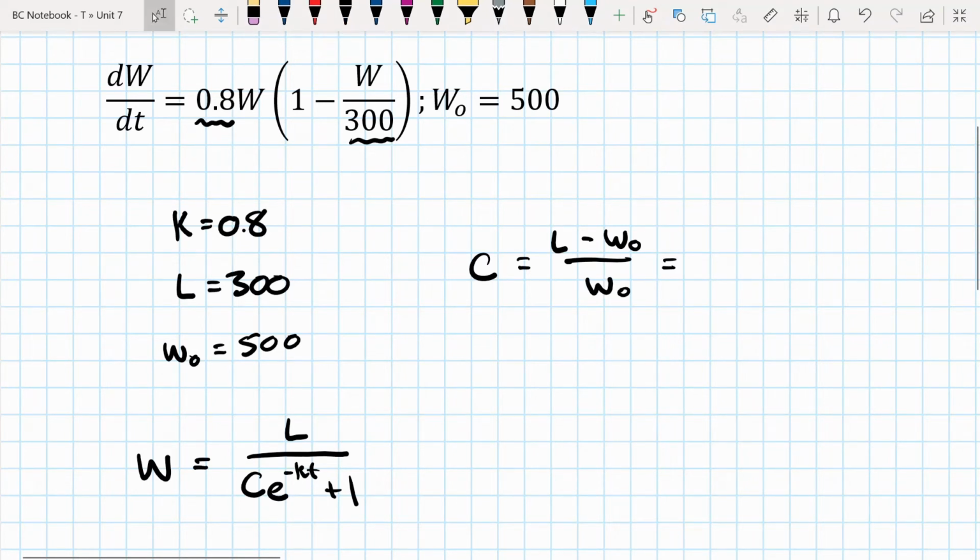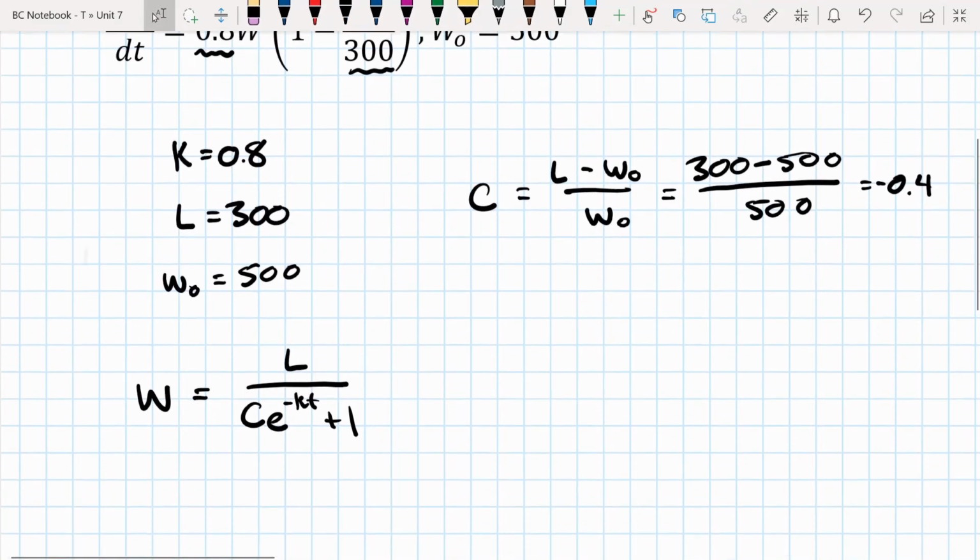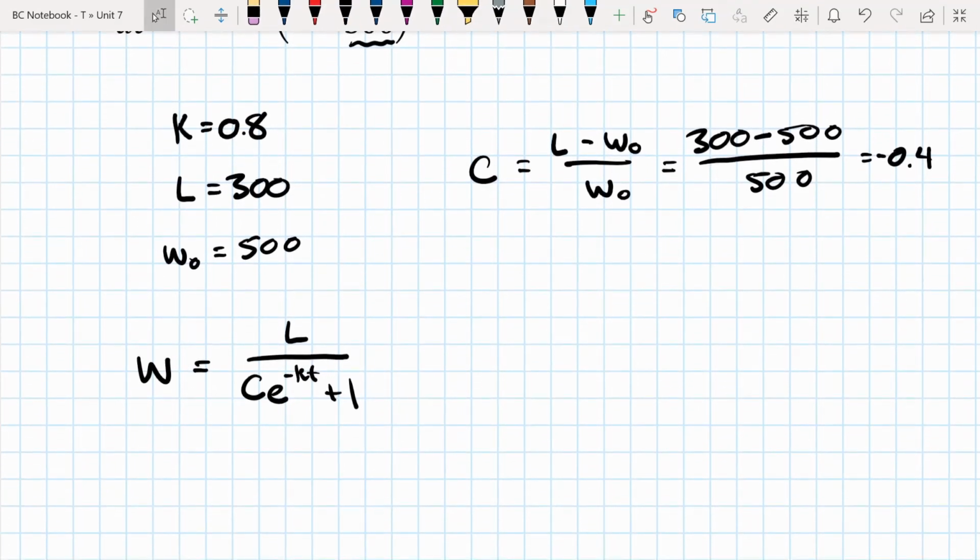And so the C value in this case is going to be 300, the carrying capacity, minus the initial value, 500, over 500. This is negative 0.4. So we'll plug that in for C.